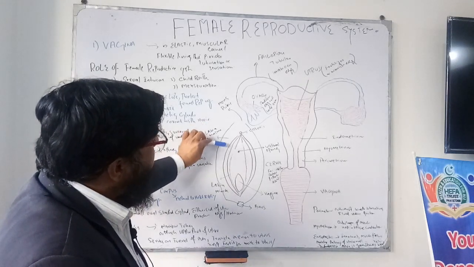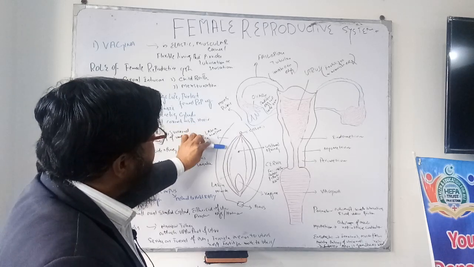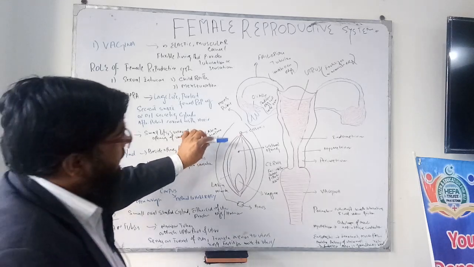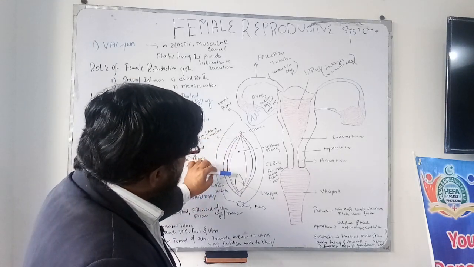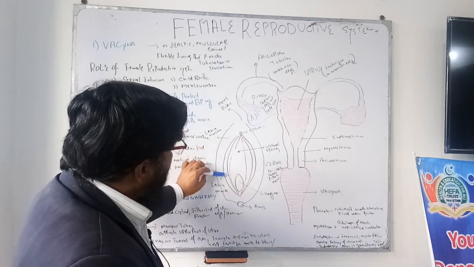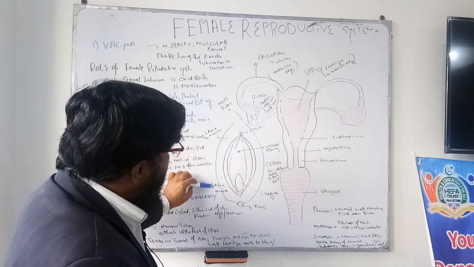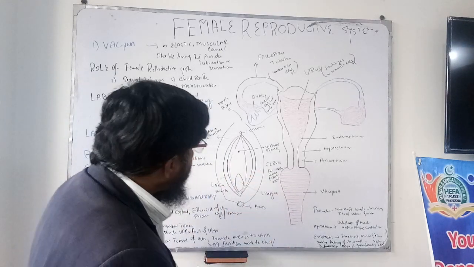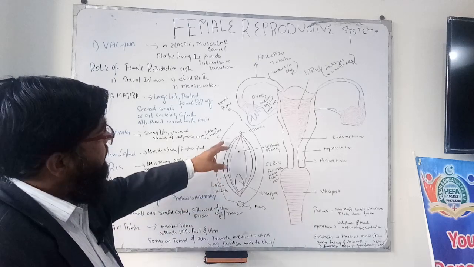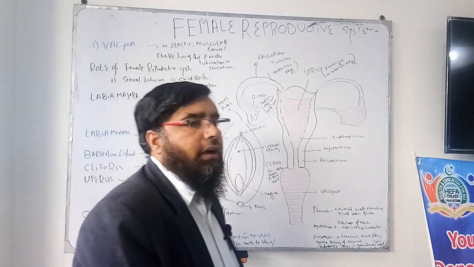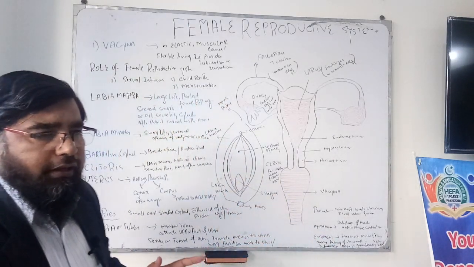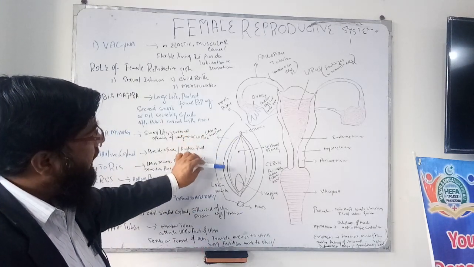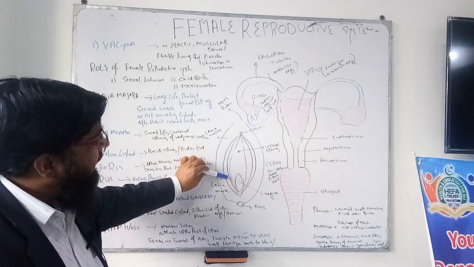So the outer lip of the vagina is called labia majora and the inner smaller lips of the vagina are called labia minora, small. So we discussed two things here: labia majora is the outer lip of the vagina and labia minora is the inner lip of the vagina.